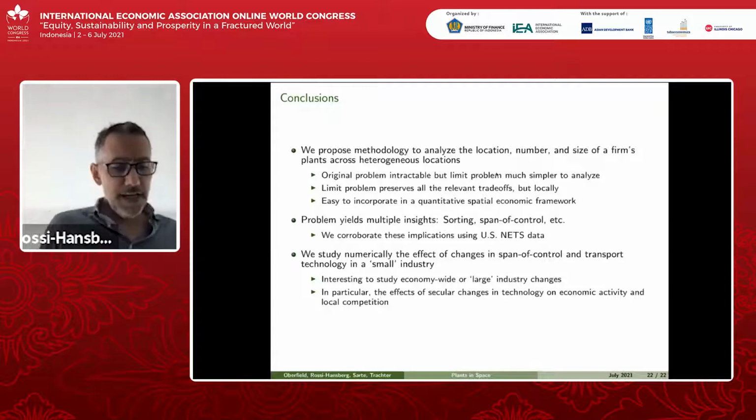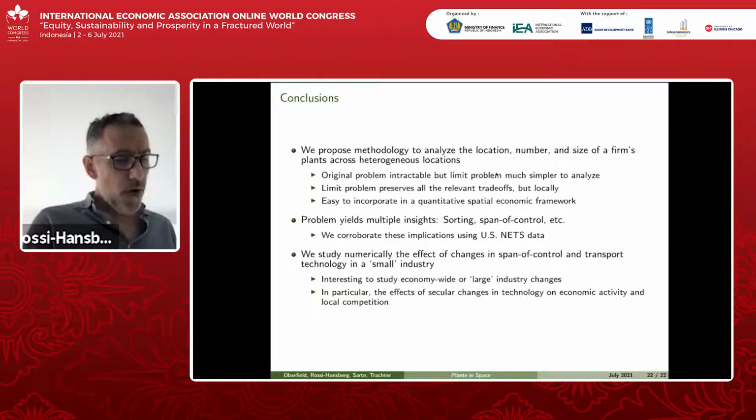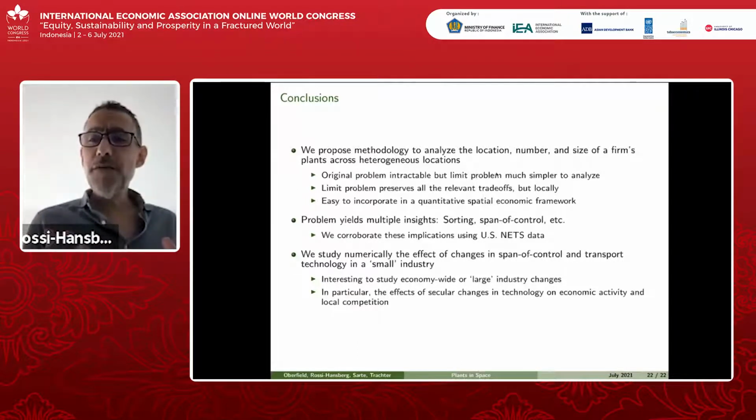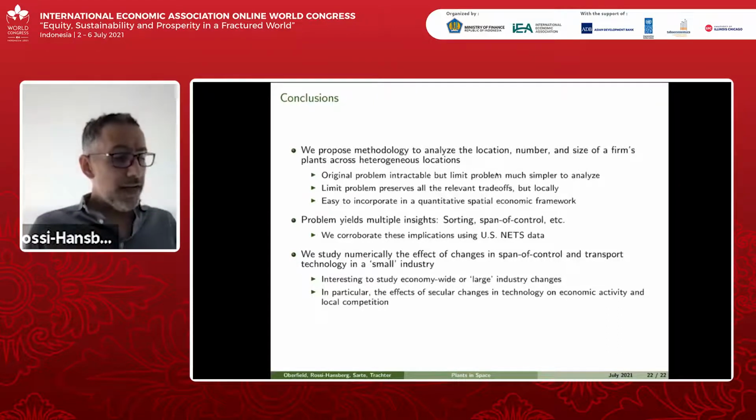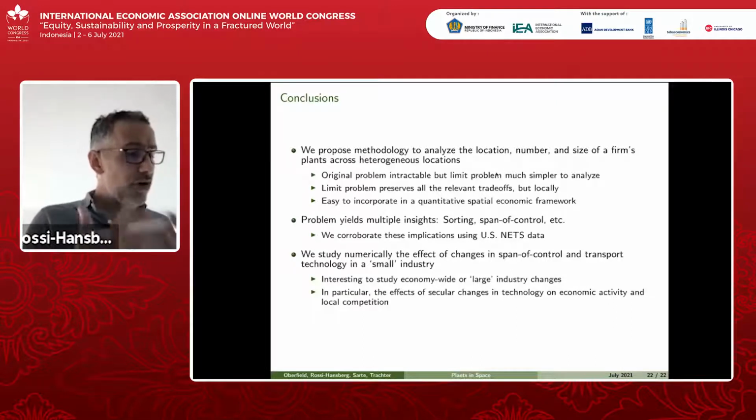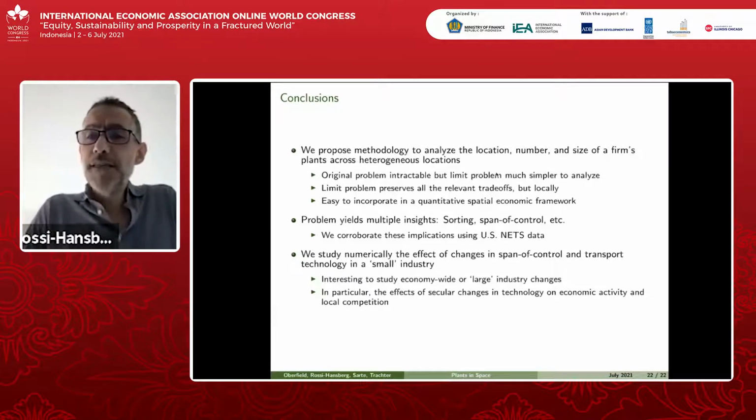And so in order to make analytical progress, we need to simplify the problem in ways that don't throw away the key trade-offs that we want to analyze. And what this paper does is propose a way to do that. Keep the basic trade-offs and be able to analyze the problem with our standard calculus of variations tools. You do that, that leads to some insights, in particular the importance of sorting and span of control that seem to be there in the data. Thank you very much.